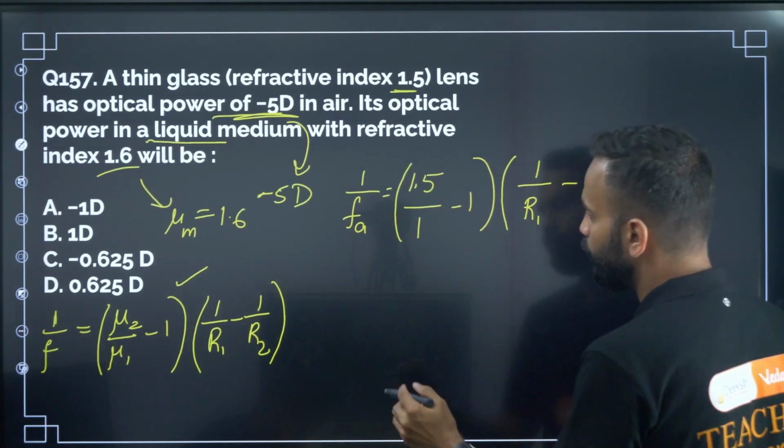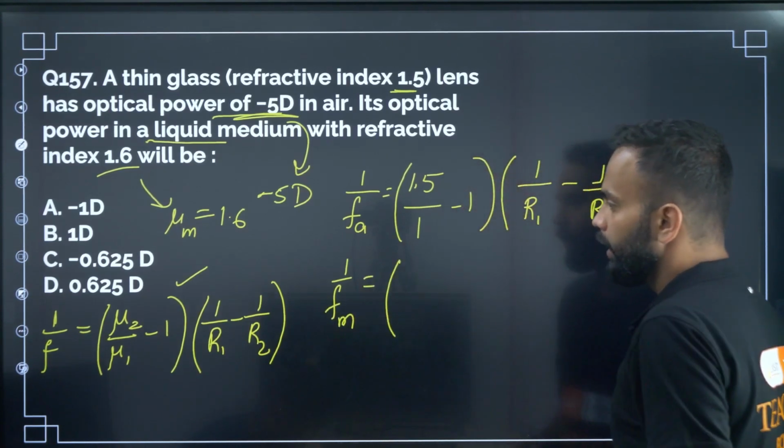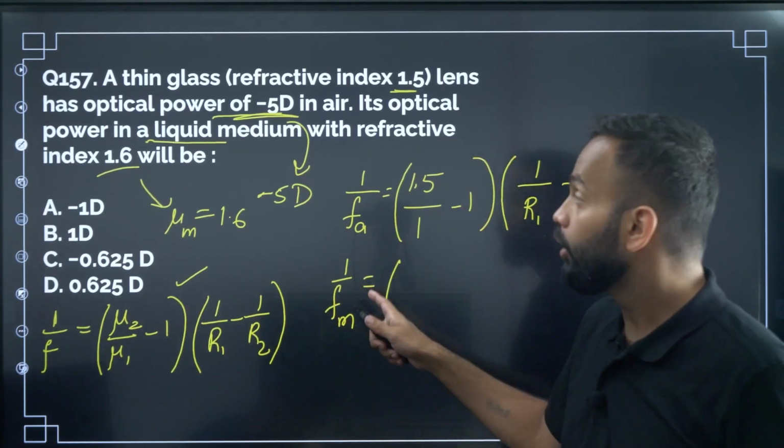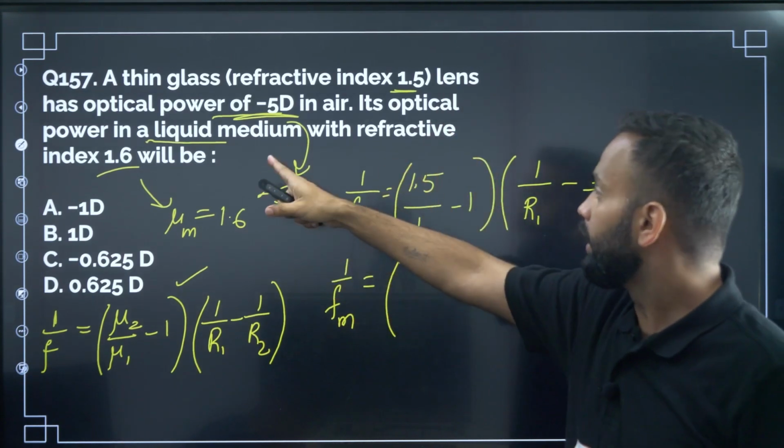Now 1 by Fm is equal to, where Fm is the focal length of the lens when immersed in liquid.